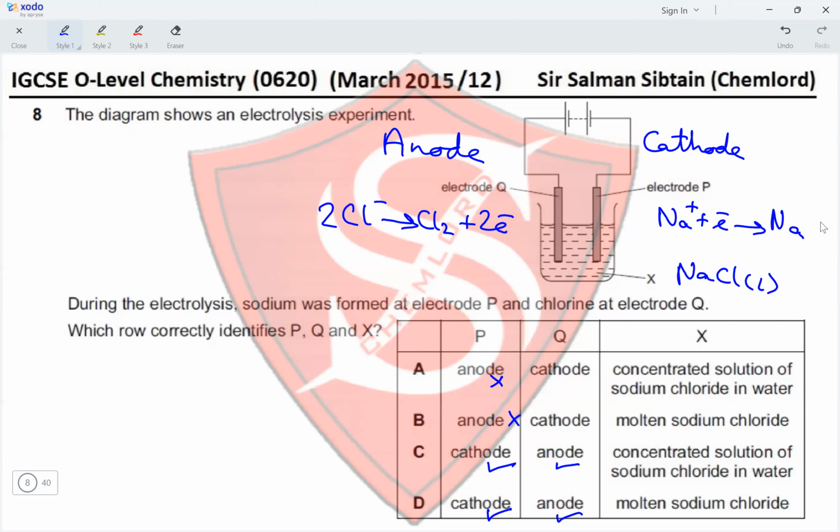So this has to be molten NaCl. Option C says concentrated solution of sodium chloride in water. No. And option D says molten sodium chloride, making option D the correct option for this question.